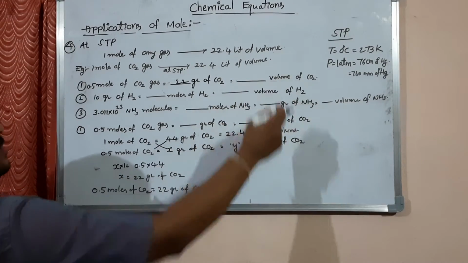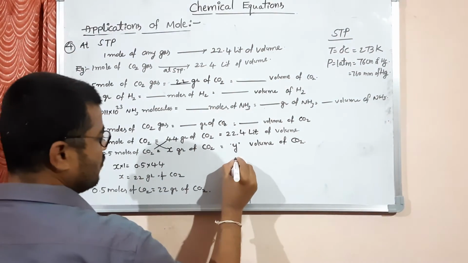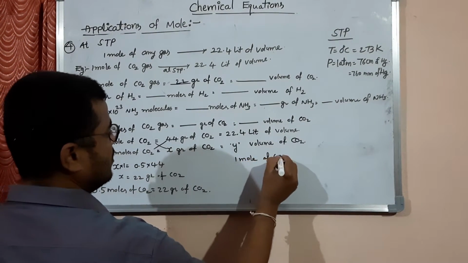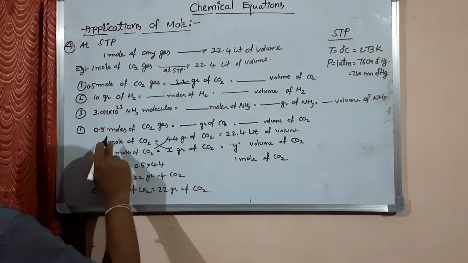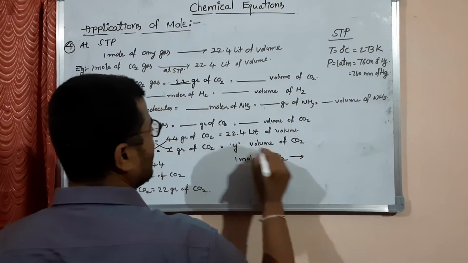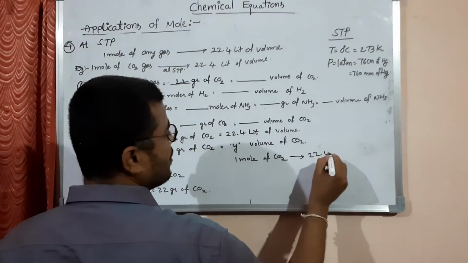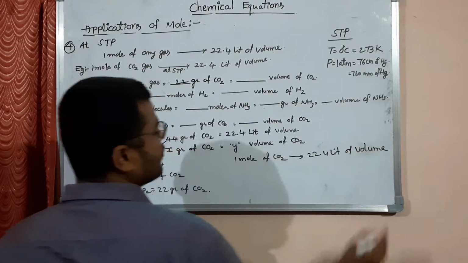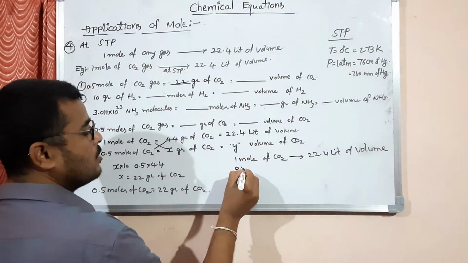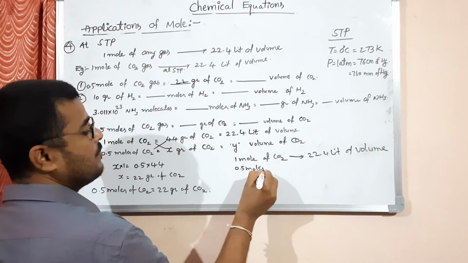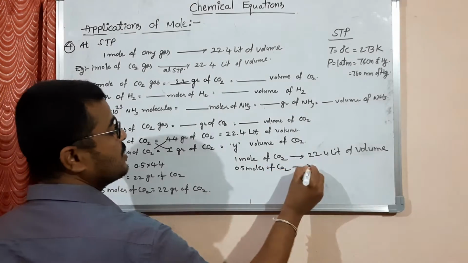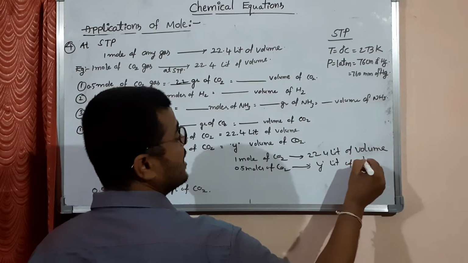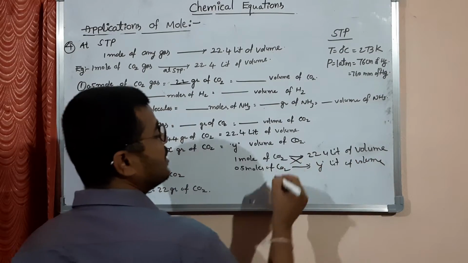Next, how much volume? 1 mole of CO2 occupies how many liters of volume? 22.4 liters of volume. Now 0.5 moles of CO2 occupies how many liters of volume? Let it be Y liters of volume. Again cross multiply.